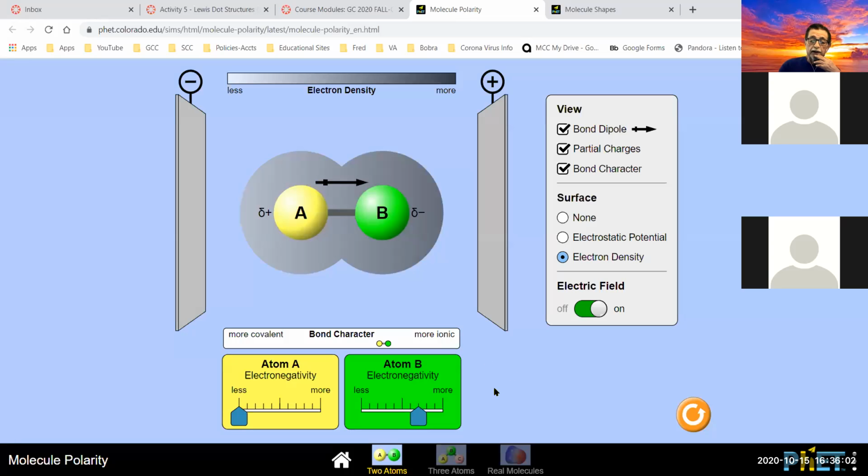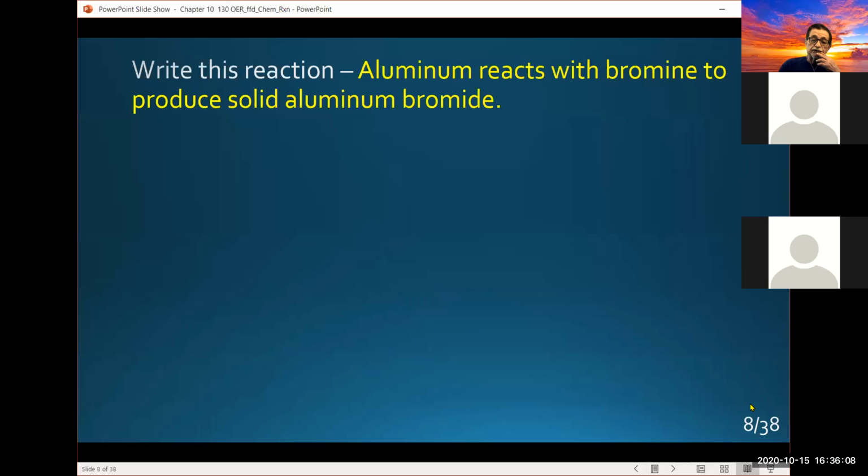Let's go back to where we ended up, in this slide here, where we were looking at taking a sentence, deciphering it, and writing that sentence as a chemical reaction.